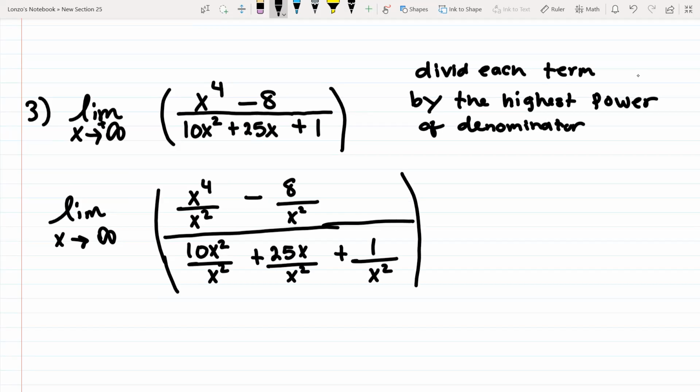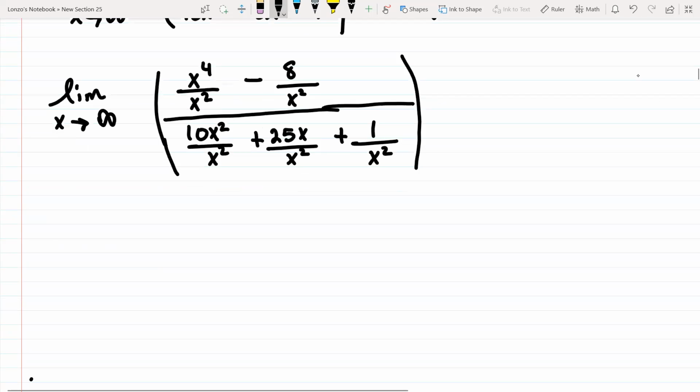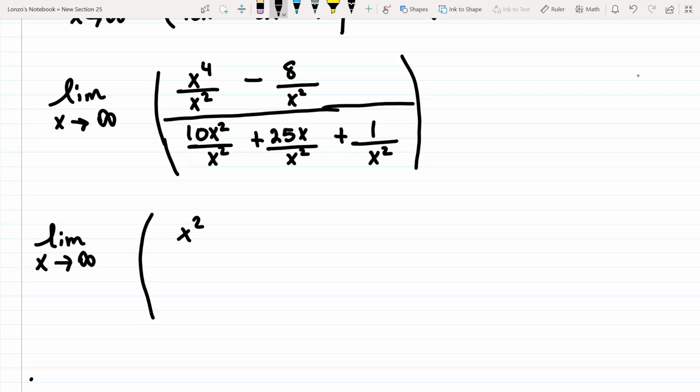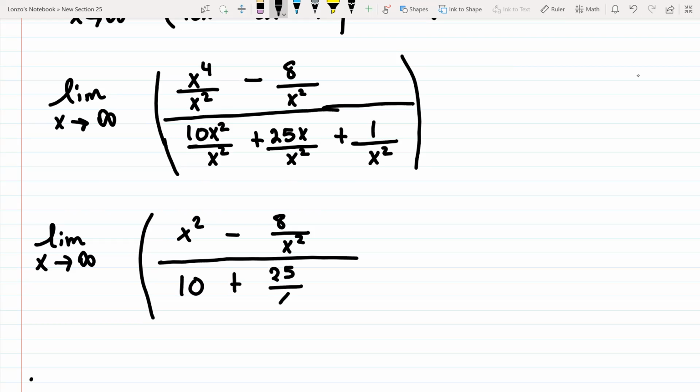Okay, and then go ahead and clean that up. x fourth over x squared is x squared minus 8 over x squared. 10x squared over x squared is just 10, plus 25x over x squared is x to the negative 1, or 25 over x. 1 over x squared is just 1 over x squared.